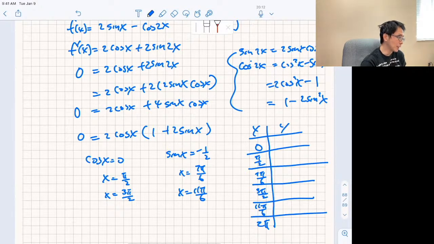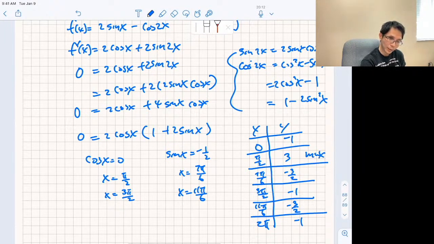And you should be able to get a lot of different values here. I'm just going to give it to you because I'm lazy. Negative 1, 3, negative 3 over 2, and negative 1, and negative 3 over 2, and negative 1. So absolute max occurs at 3.